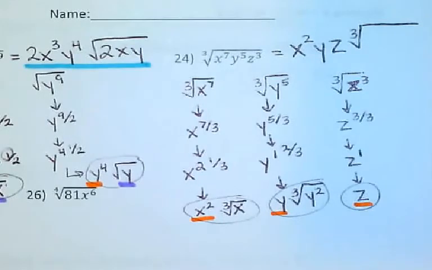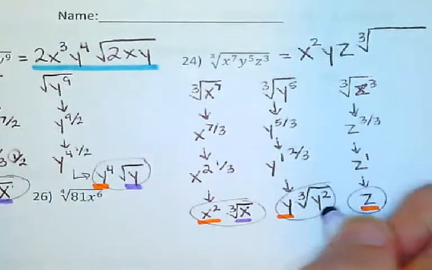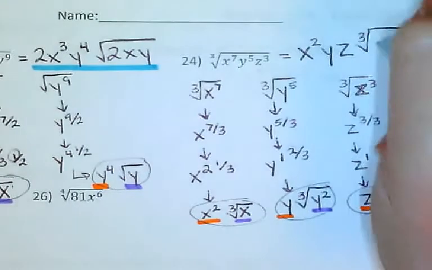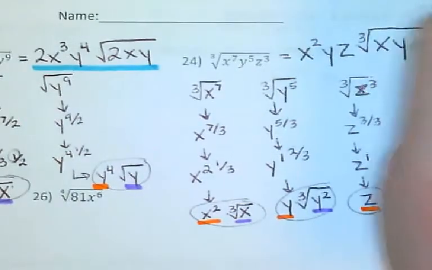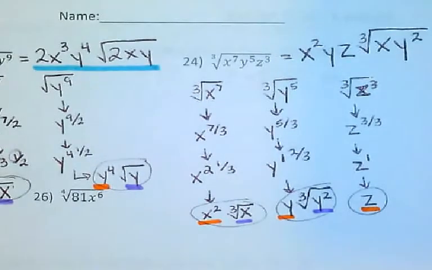And our leftovers here are an x and a y squared. So we've got x and y squared. And there's our final answer.